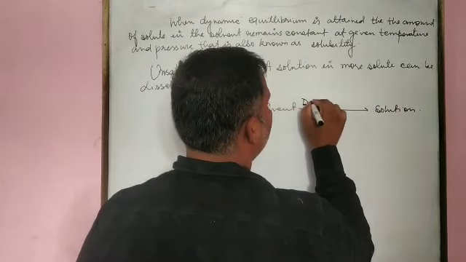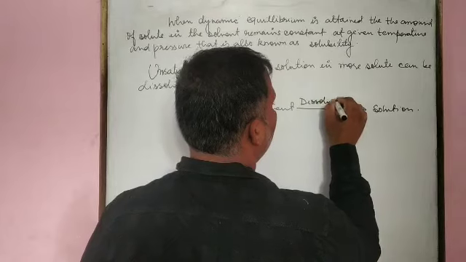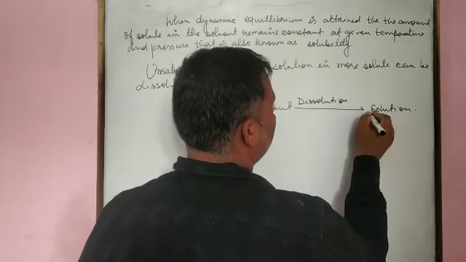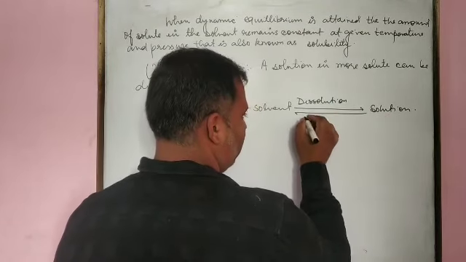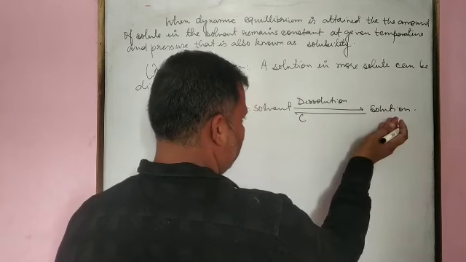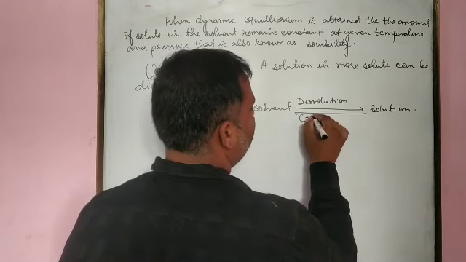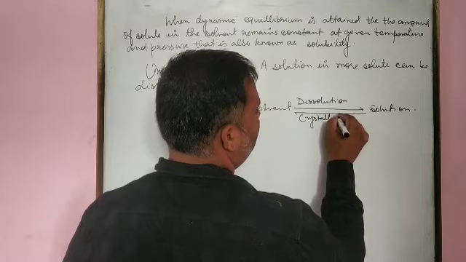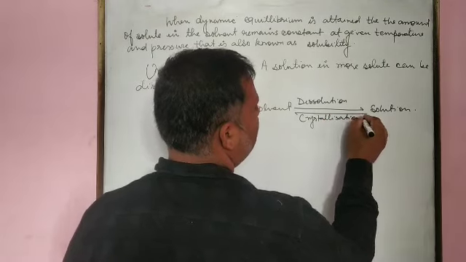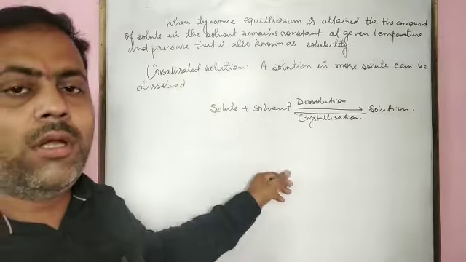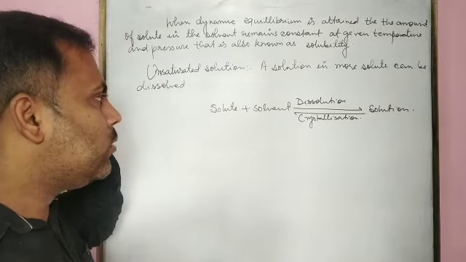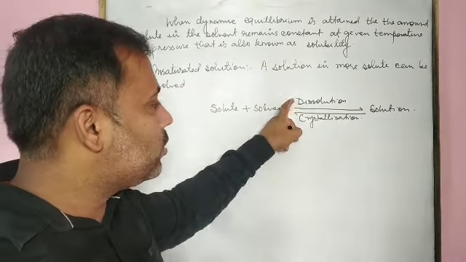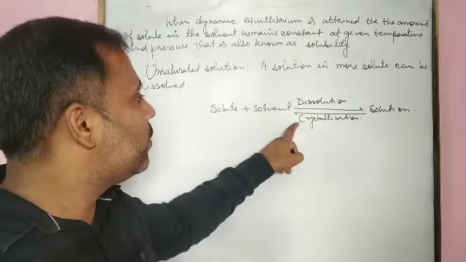The process is termed dissolution. And the reverse, where solution gives solute and solvent, is known as crystallization. When the solution is saturated, the rate of dissolution and crystallization is constant.